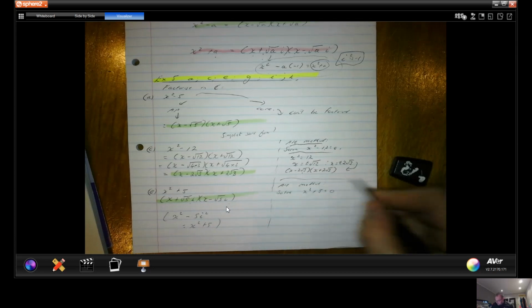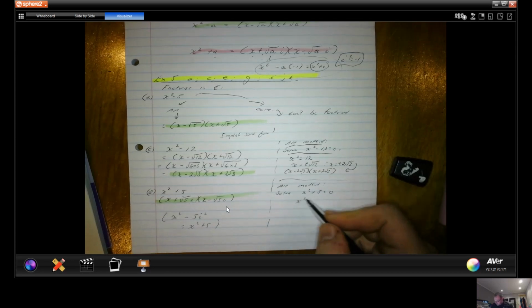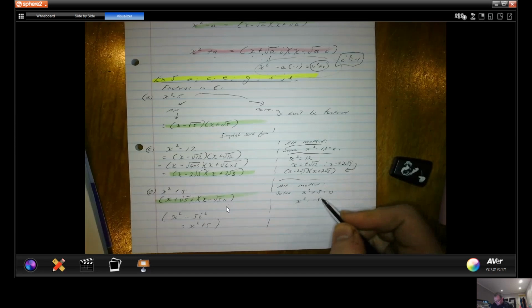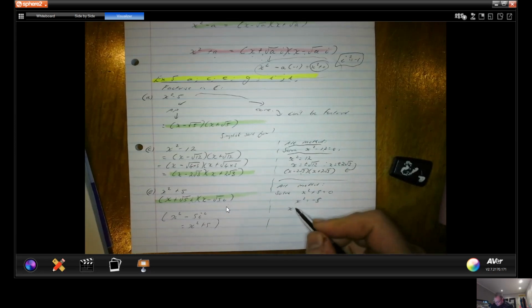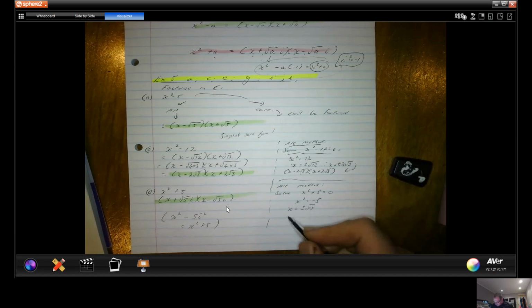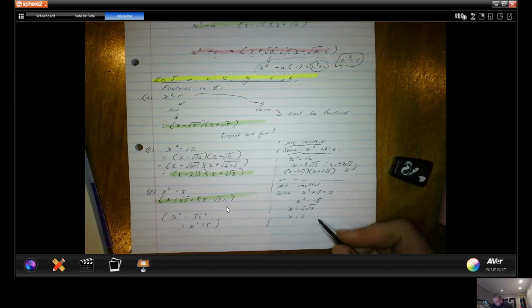In your textbook, what they often do, if you look at the examples, is they just solve it, make the equation equal to 0, and say therefore x squared is equal to minus 5, therefore x is equal to plus minus the square root of negative 5, which is plus minus the square root of 5 times the square root of negative 1, which is i. So they get the solutions.